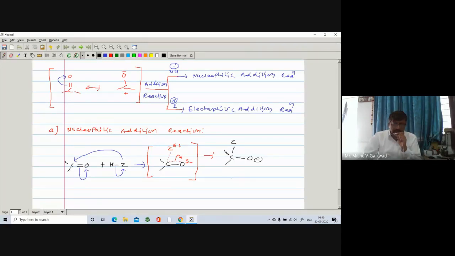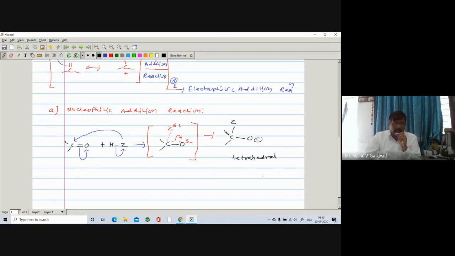So it is a tetrahedral intermediate, a tetrahedral alkoxide. So there is a formation of the tetrahedral intermediate.